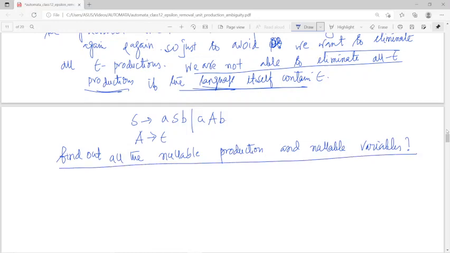What is this? Say I am taking an example like S to ASB, as I wrote in the previous one, but I am just adding an extra production from A to epsilon.